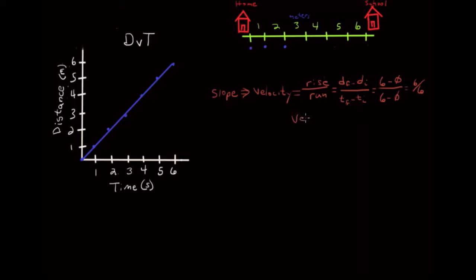So our velocity, or our slope, either one, is 1 meter per second. I don't know if you can hear, but my cat's deciding to try to get in on the lesson here. All right, so that is how we determine the velocity from a distance versus time chart.